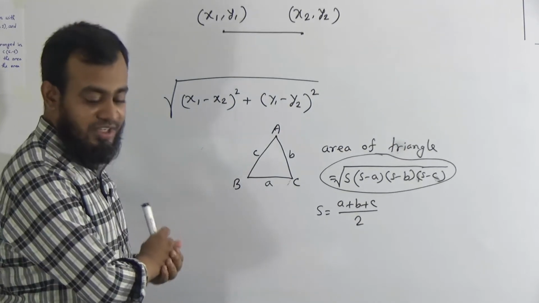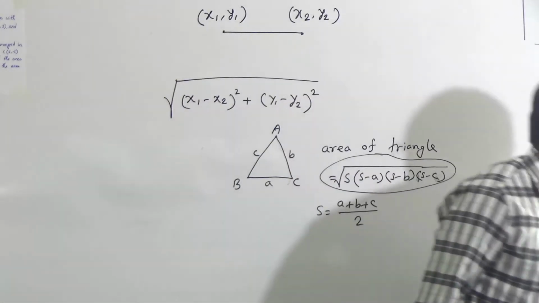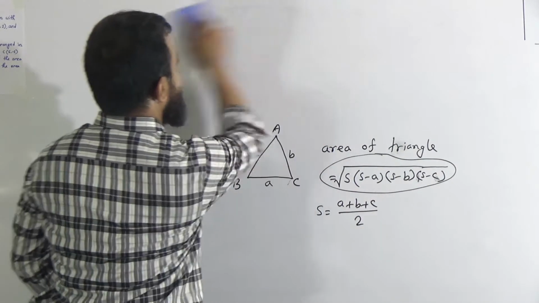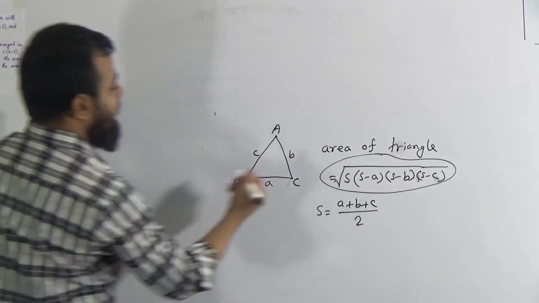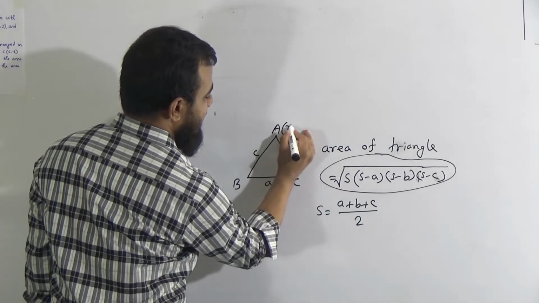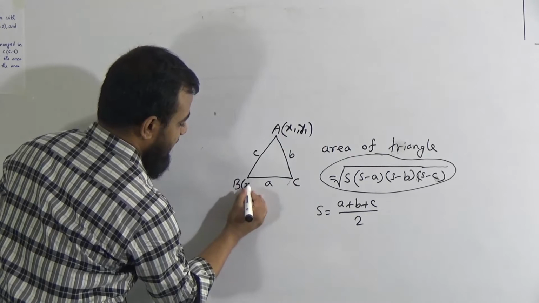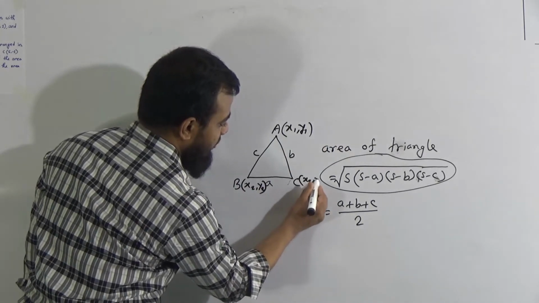I am going to write it down on the board. Please notice the formula, my dear students. This is our triangle, and the formula will be, suppose this is x1 y1, this is x2 y2 and C is x3 y3.